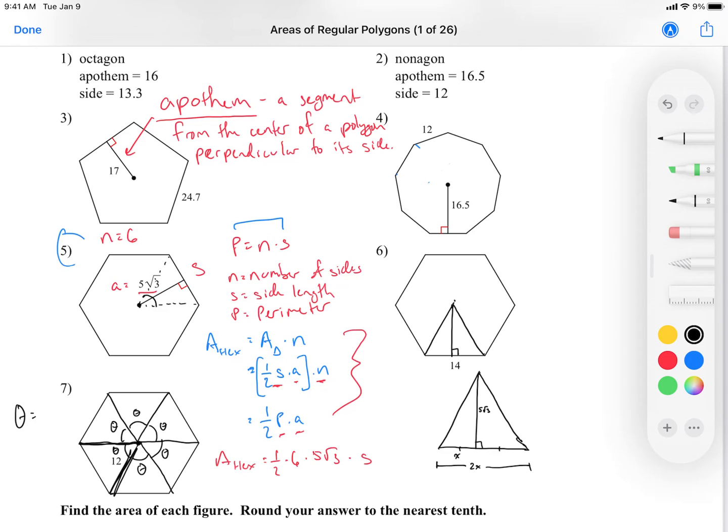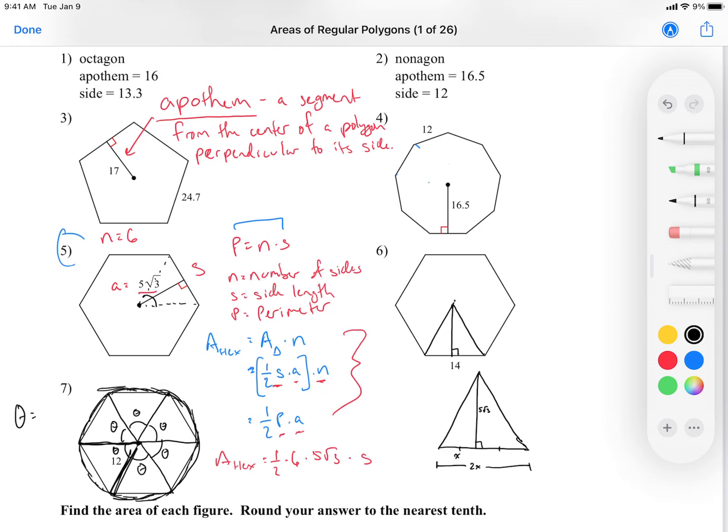Well, what do all of these add up to be? Remember how we even found each of these things. We drew a little circle in here. And if I draw my circle, we notice that each of these is a central angle.